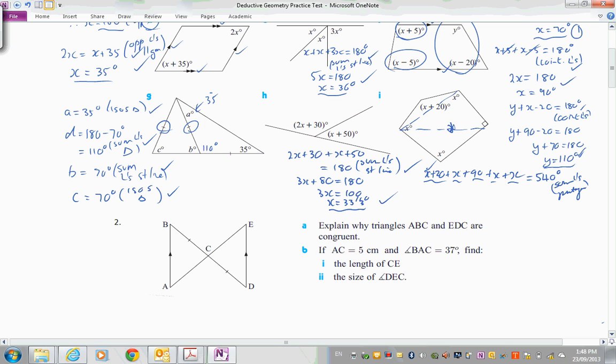So what do we have? 1, 2, 3, 4. 4x plus 110 is 540. Okay, so there's 1 mark for that one, then 1 mark for solving this, which is 430. x would be equal to whatever that is, 107.5 degrees. And 1 for the answer.